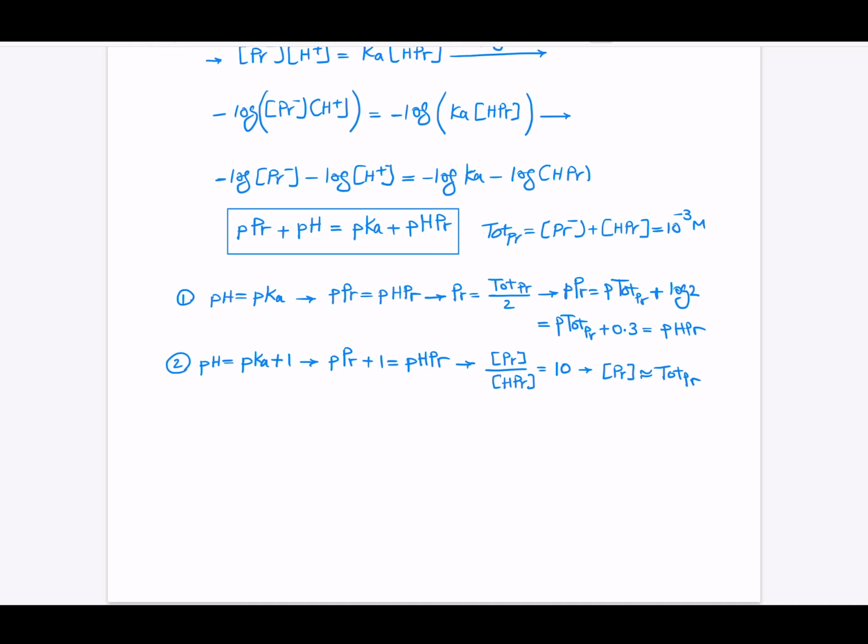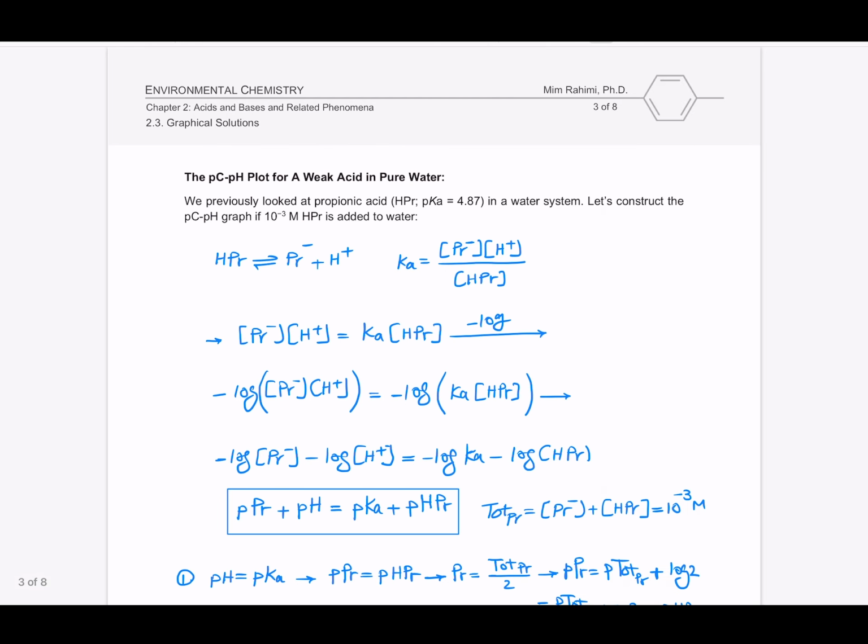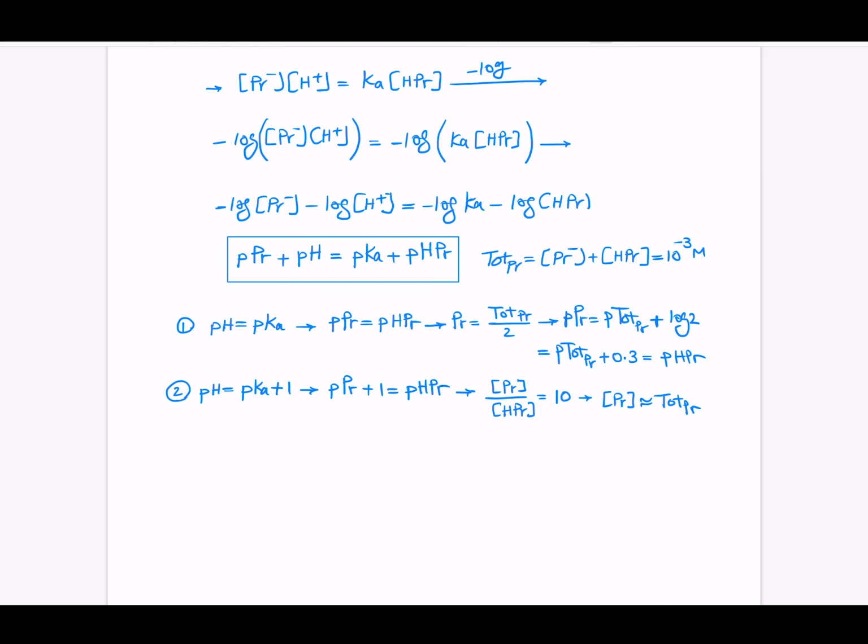So what we do is basically going back to the graph. This was the first point we figured out. Now if we move 1 unit to the right side, then the concentration reaches the total concentration. So let's say 1 unit would be almost here. And of course, as we go more to the right side, this ratio is getting bigger and bigger, so this would be more true.